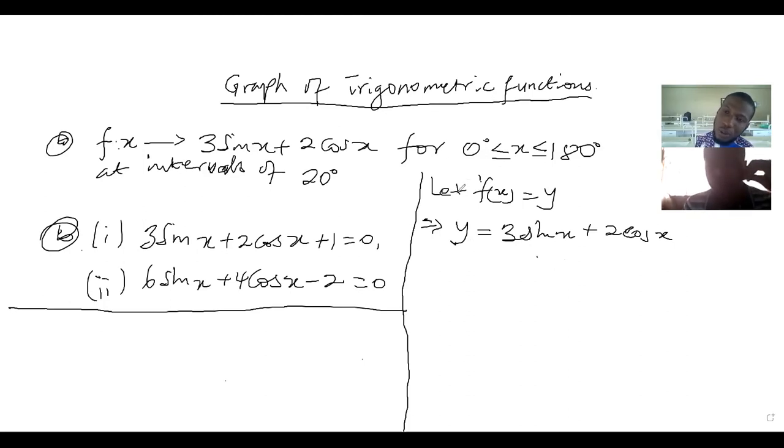The first and very common one, which some of us think is quite easy, is you rewrite this under this and subtract it from the original function. So first of all, you know that 3 sine x plus 2 cos x will be equal to -1, right?